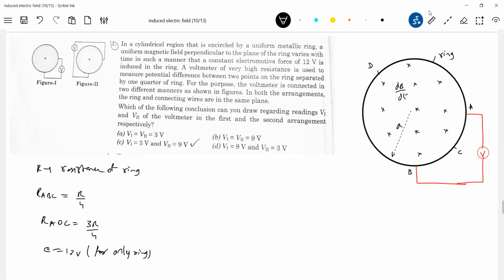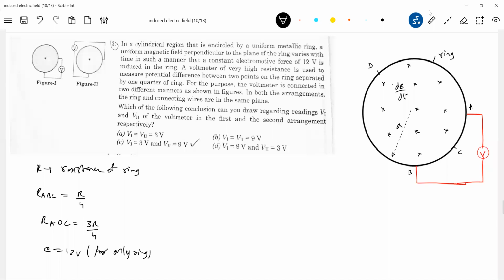Now you are going to connect the voltmeter. Now what is the EMF induced in ADB, and in ACB?